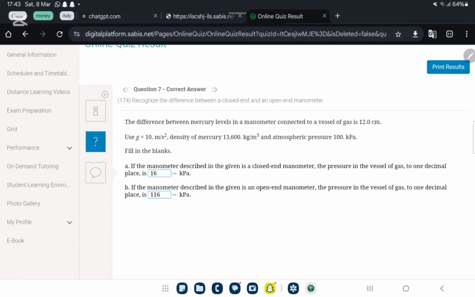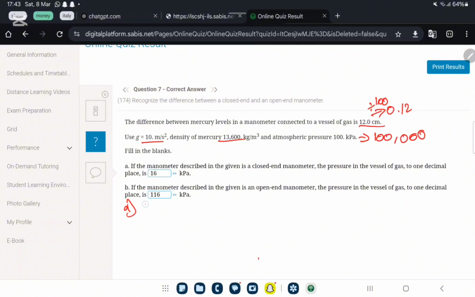Here the difference between the mercury level in a manometer connected to a gas vessel is 12 centimeters. So this is the height, we convert it into meters, 0.12, divided by 100. Use 10 for g and 13,600 for density, and atmospheric pressure 100 kilopascals, multiply by 1000 to get the answer in pascals.